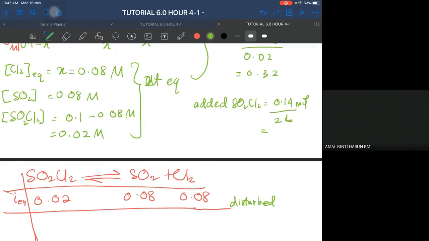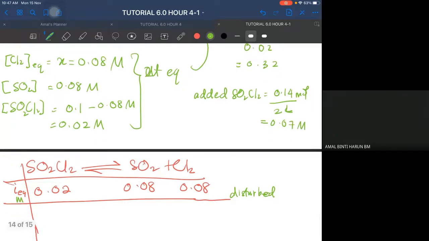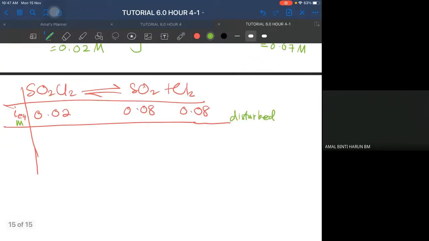Okay, berapa concentration yang ditambah tu kita kena buat dalam unit apa? Molarity jugalah. Okay, sebab ice table kita dalam molarity. So 0.07 molar. That initial molarity kita dah jadi 0.07 tambah 0.02, 0.09.